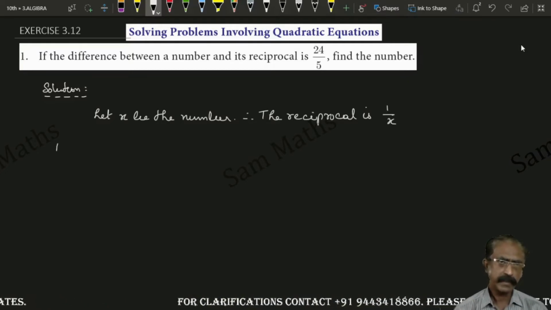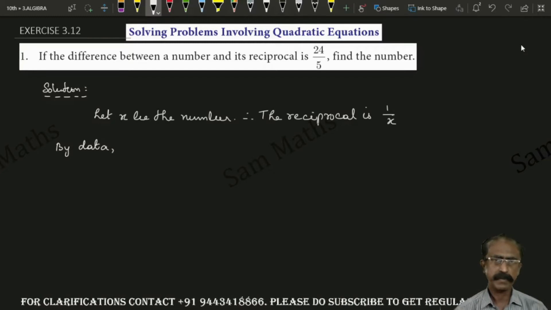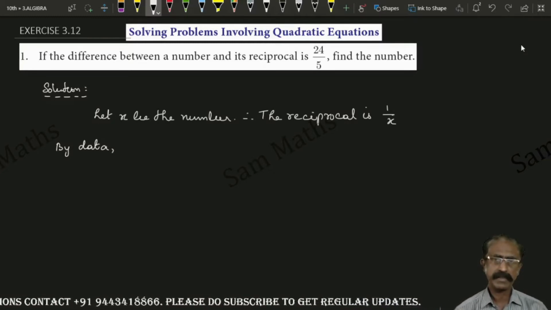By data, that is from the problem, the difference between a number and its reciprocal.